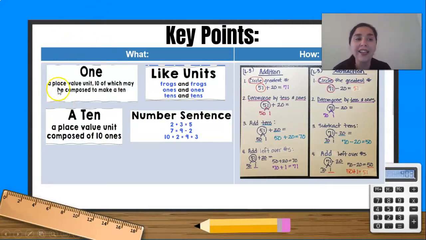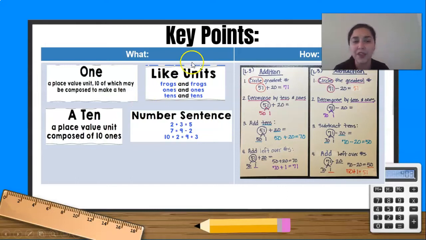A 1 is a place value unit, which may be composed to make a 10. So 10 ones make up 1 ten. And what's a 10? A 10 is also a place value unit, and it's composed of 10 ones. And remember, today we're going to be working on addition and subtraction.